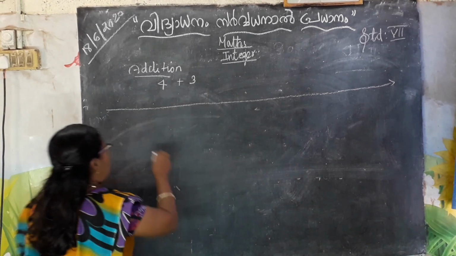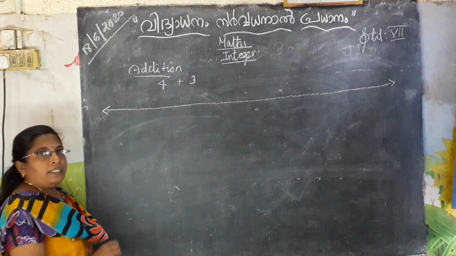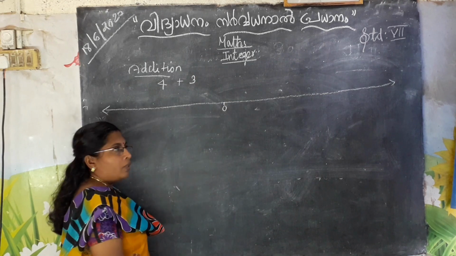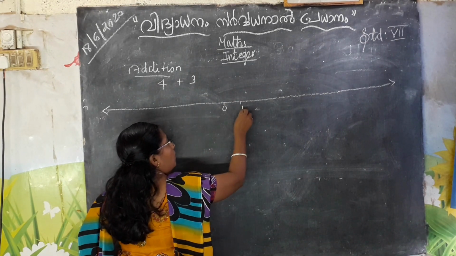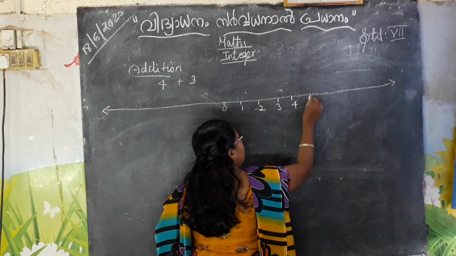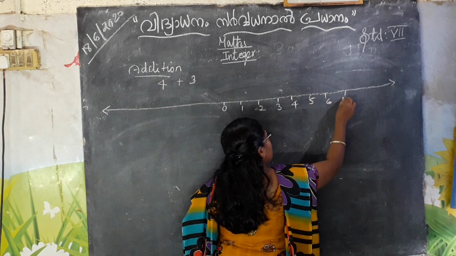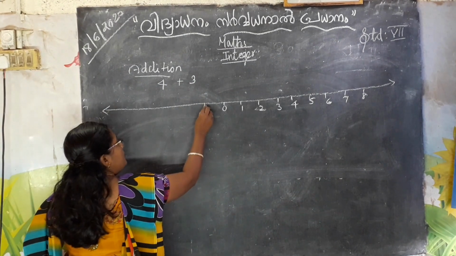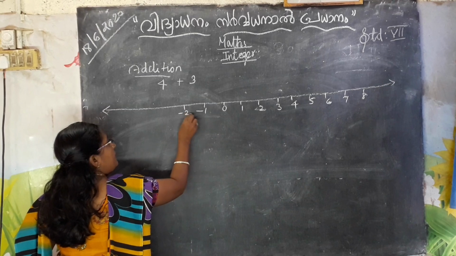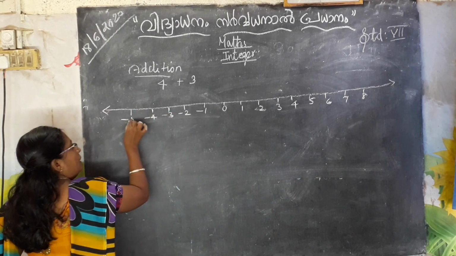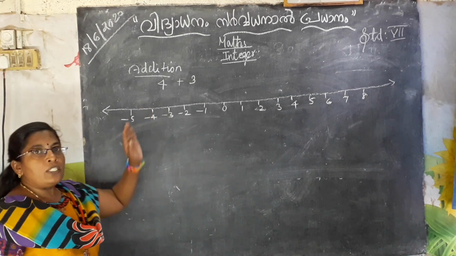We know how to draw the number line. At the middle, give 0. The right side is positive numbers. The left side is negative numbers, negative integers. See, the first number is 4.